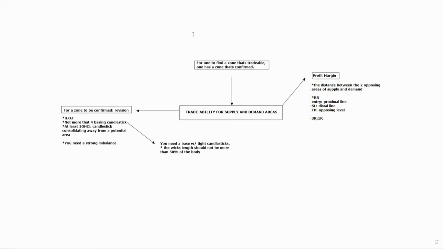And then the next element that you need to take into consideration is the arrival.